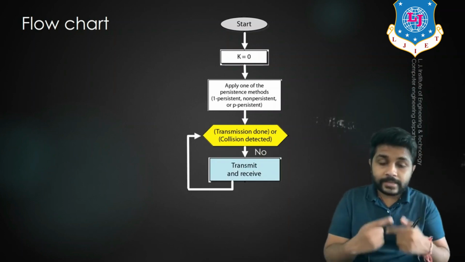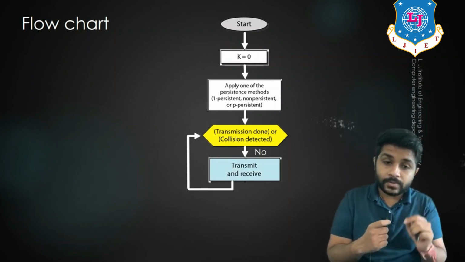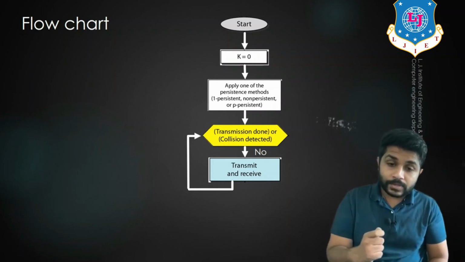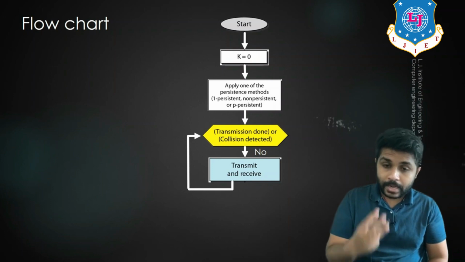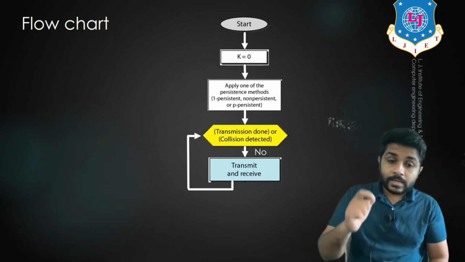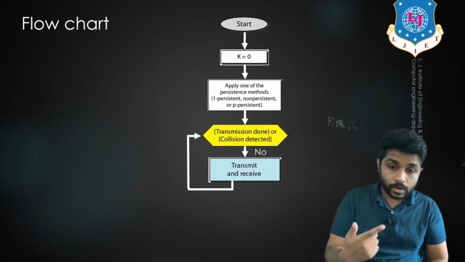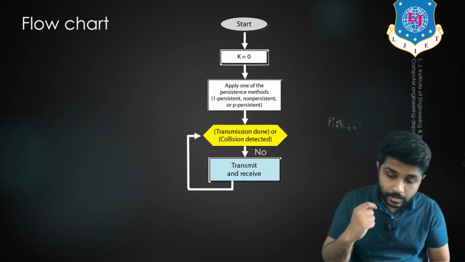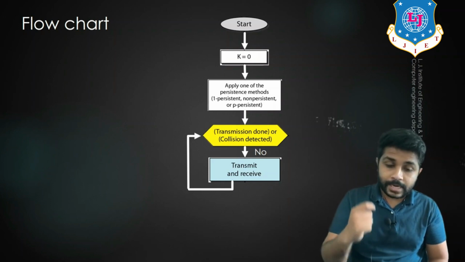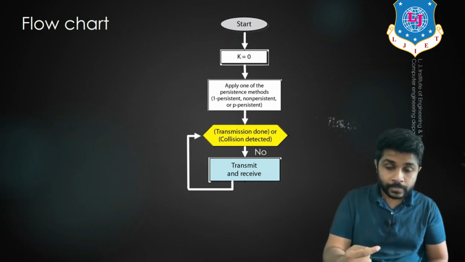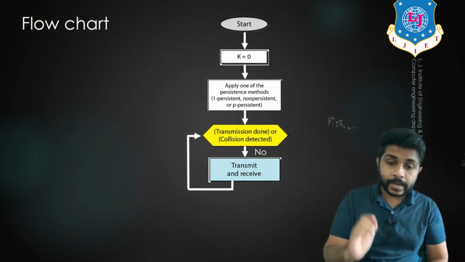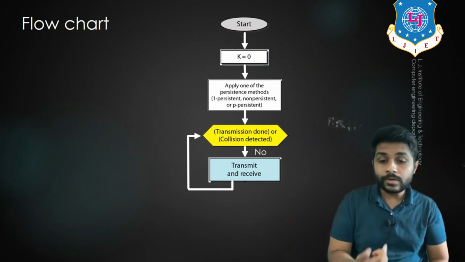Now when the sender is sending data, at the same time it will continuously check whether there is a collision or not. So like we just saw in the third step, the sender will send data, and at the same time it will check whether there is a collision or not. Okay, so in the process of sending data, if the sender finds that there is a collision, the sender will stop sending data and it will attempt retransmission.